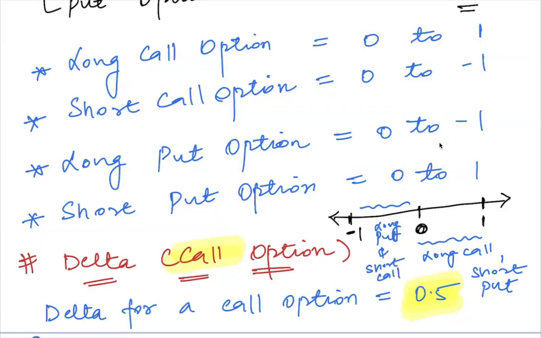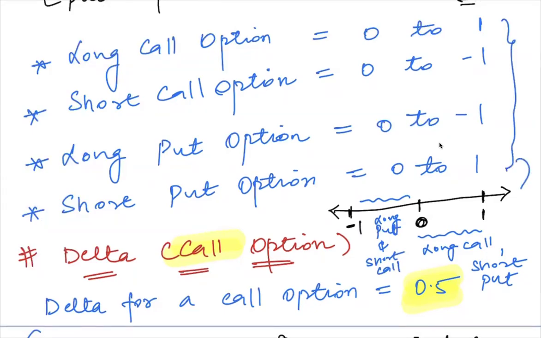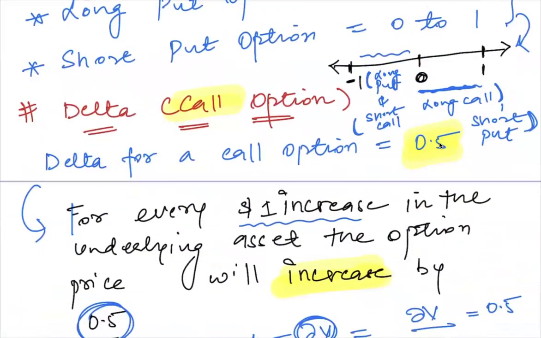I have summarized this into this diagram. Basically, when delta is between 0 and 1, it means either it's a long call option or a short put option. Similarly, when delta is negative, it represents either a long put or a short call. So this is the simple way to remember it.